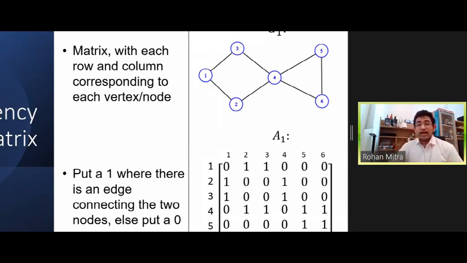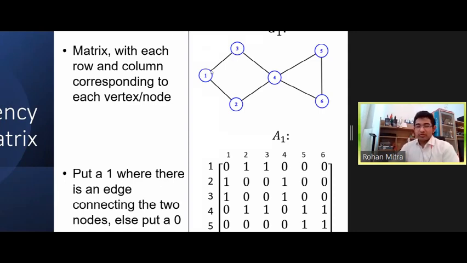It basically has each column and each row correspond to each vertex, right? So each column and each row would correspond to a single vertex on our graph. Now you would go through this matrix and you would put a 1 wherever there is an edge between any two vertices. If there's no edge, if there's no black line, you would put a 0. Fairly simple, isn't it? Let's try it out here.